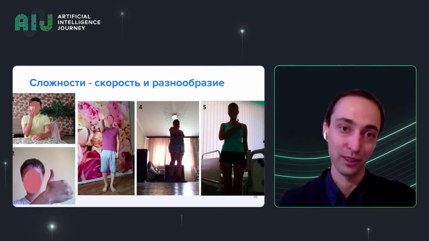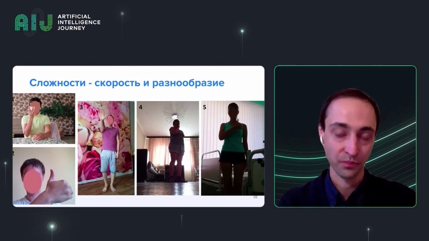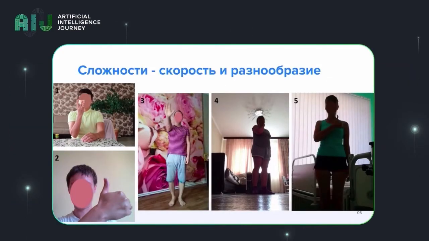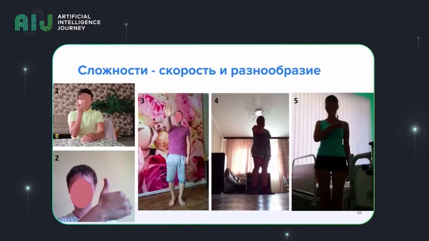So in the first picture, you see the user giving a V gesture with the palm turned to him. It just turned out that for some users, it's more convenient. In the second case, we see that the proportion between the hand and the face is different from the normal image, and the machine gets a little bit confused.